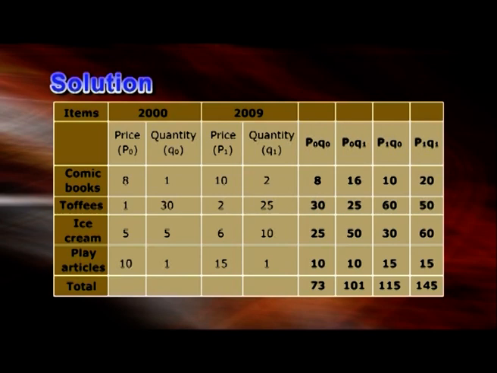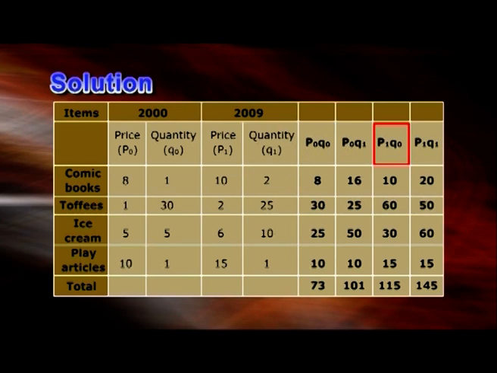The seventh column will have the product of the price of the base year with the quantity of the current year, that is P0 and Q1. We will get 16, 25, 50, 10, and the summation is equal to 101. The eighth column in the table gives the value of the product of the price of the current year and the quantity of the base year.